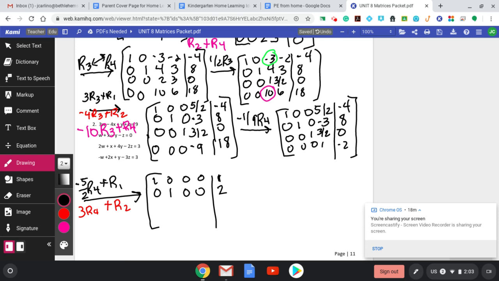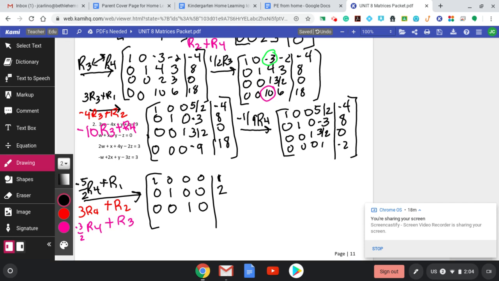Next up, row 3, the final row. Okay, I got a 3 halves there. So, yep, I'm going to have to multiply row 4 by negative 3 halves. And here we go. 0, 0, 1, 0.